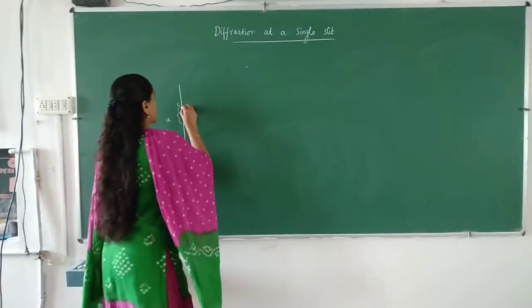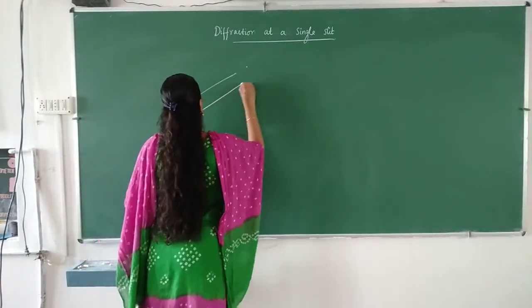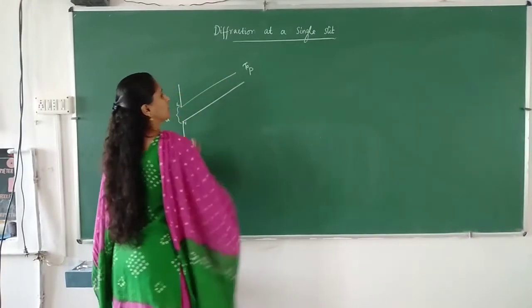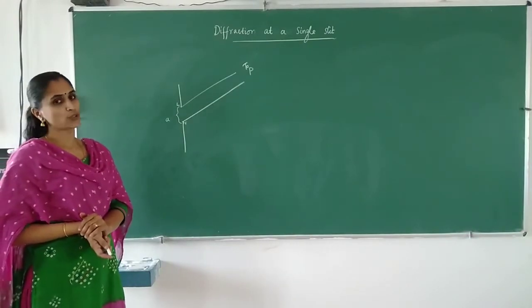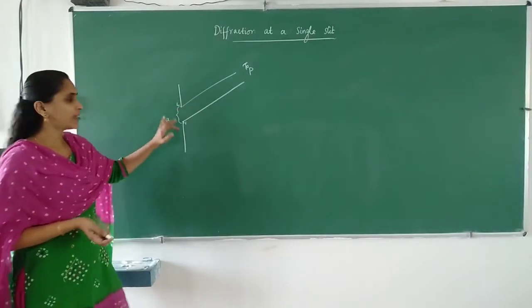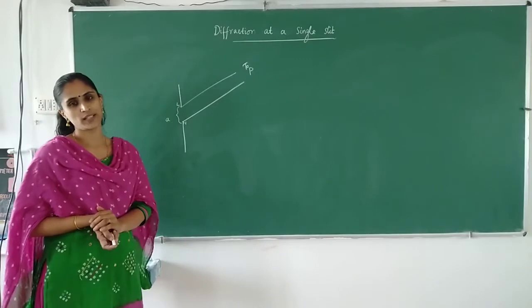So we have to consider that point P, whether it is bright or dark. How to find that? From L and N waves are traveling, and those waves are superposing.